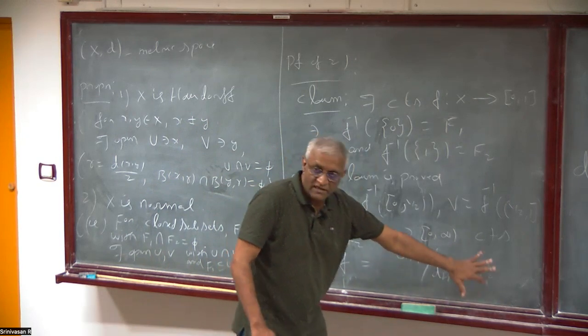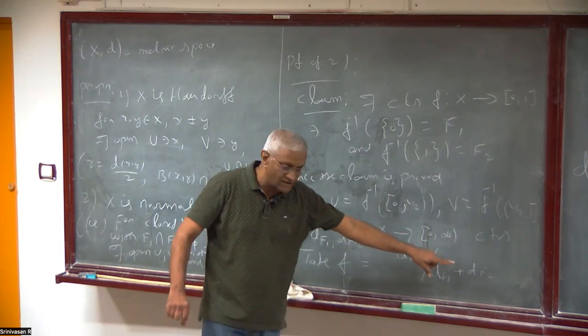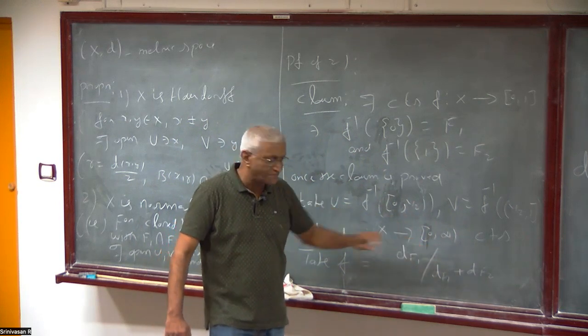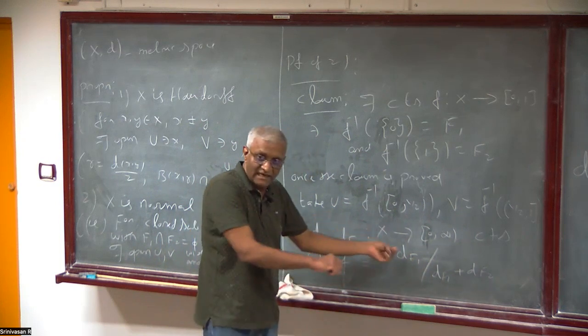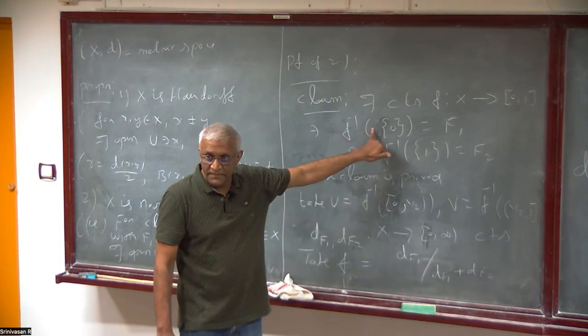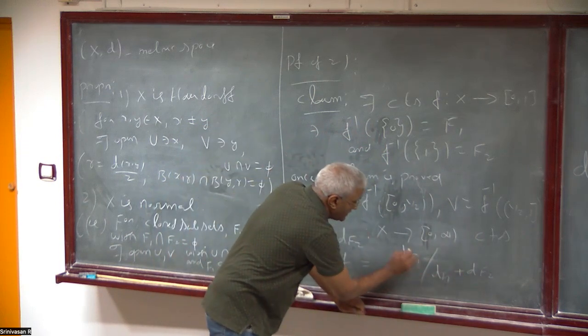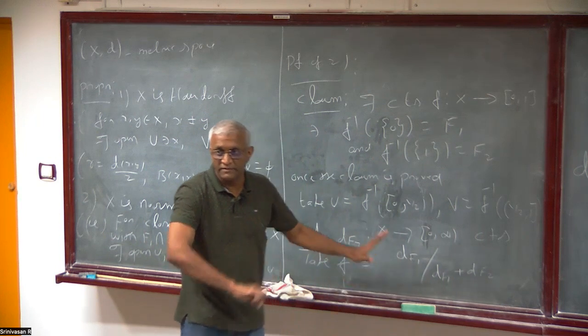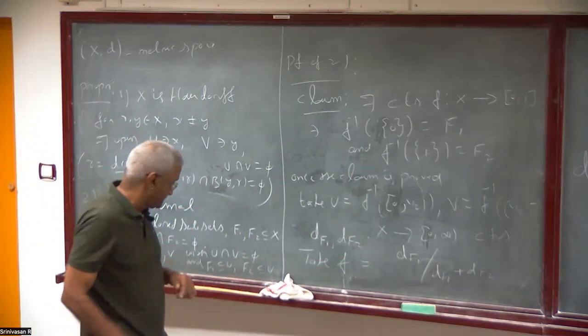Of course, the denominator is not 0, because d_F1 vanishes precisely in F1 only, and since the sets are disjoint, it will not happen in F2. So this condition is satisfied. And when x is in F2, the numerator d_F1 is not 0, so the value will be 1. So those two conditions are satisfied.